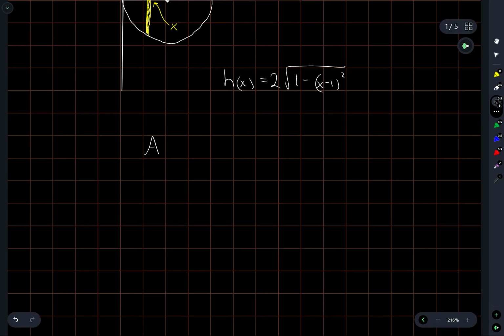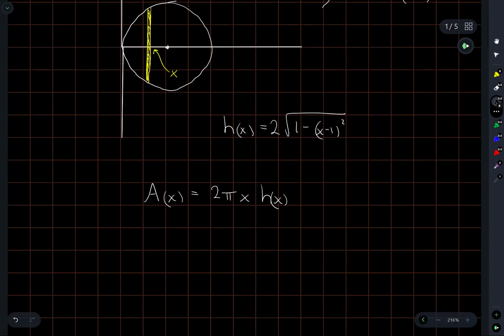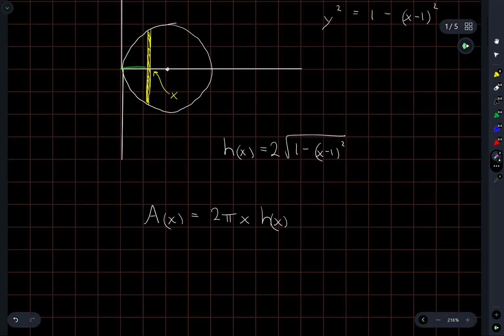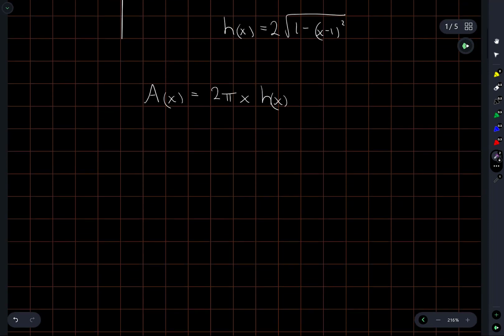So the area of one of our infinitely thin cylinders is going to be 2 pi x h of x, because if this distance here is the radius of the circle it's being rotated through, that has a distance of x, and so 2 pi x is the circumference that it gets rotated through, and h of x is the height, so the total area is like this.